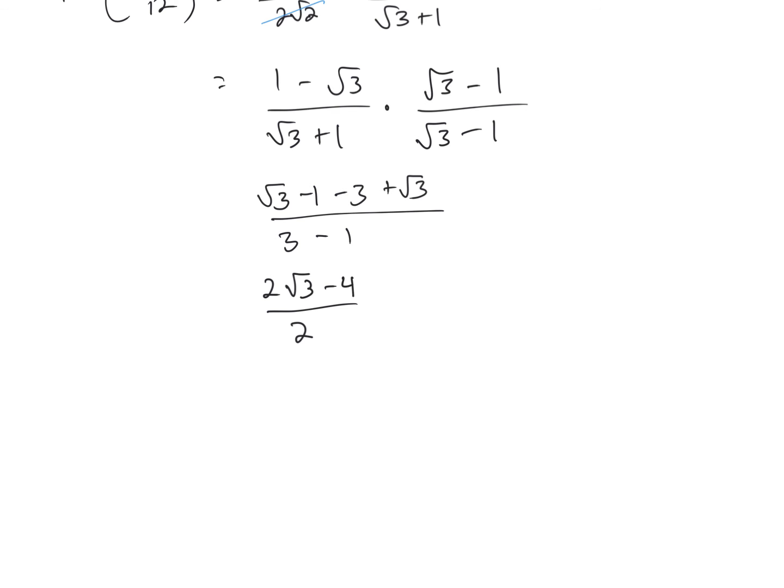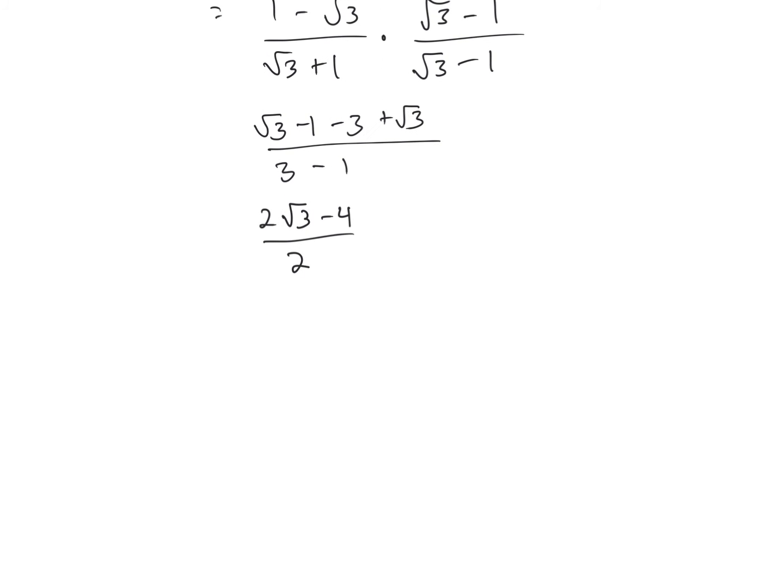I can factor out the 2, divide out the 2 from the numerator and the denominator. The 2s cancel everything out. So this is actually just root 3 minus 2 for my tangent.